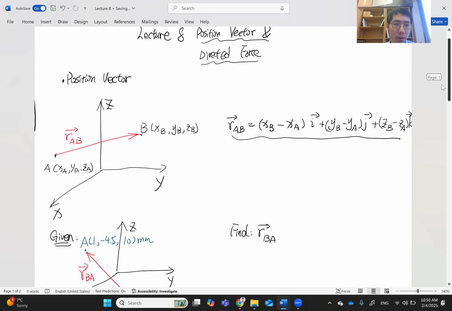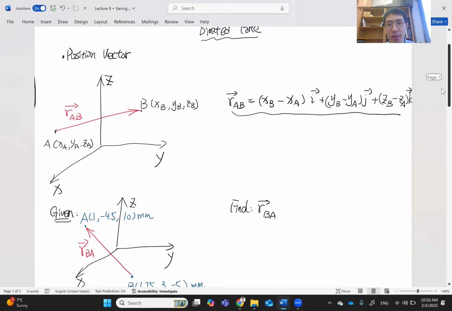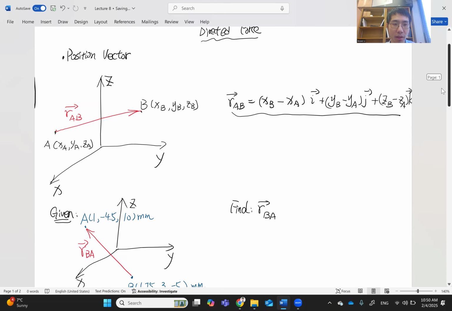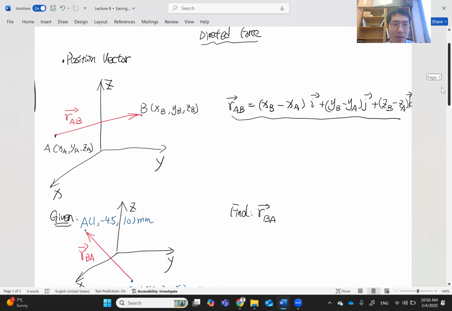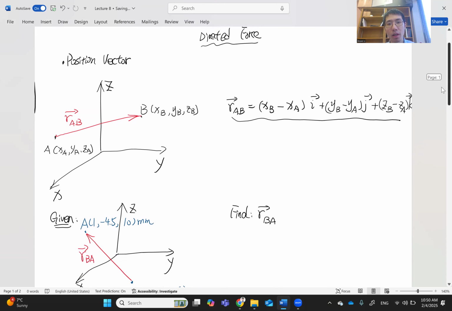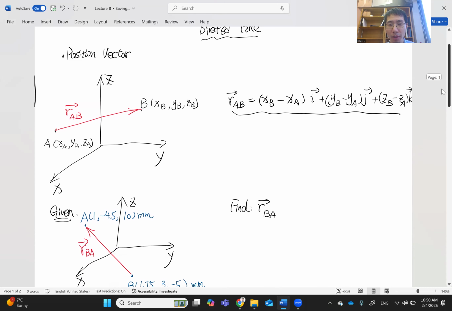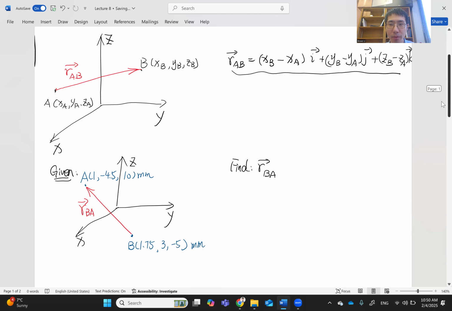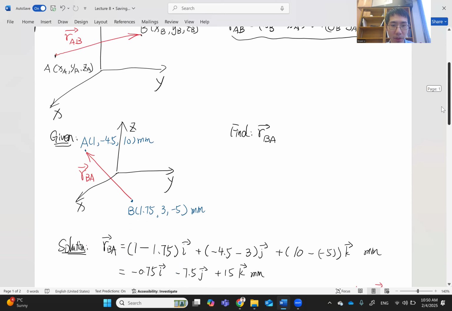For example, the position vector from A to B is exactly a vector from A to B. And its Cartesian format is pretty straightforward given the coordinates: the coefficients of the components use the coordinates of the endpoint minus the coordinates of the start point. And we went through an example here.